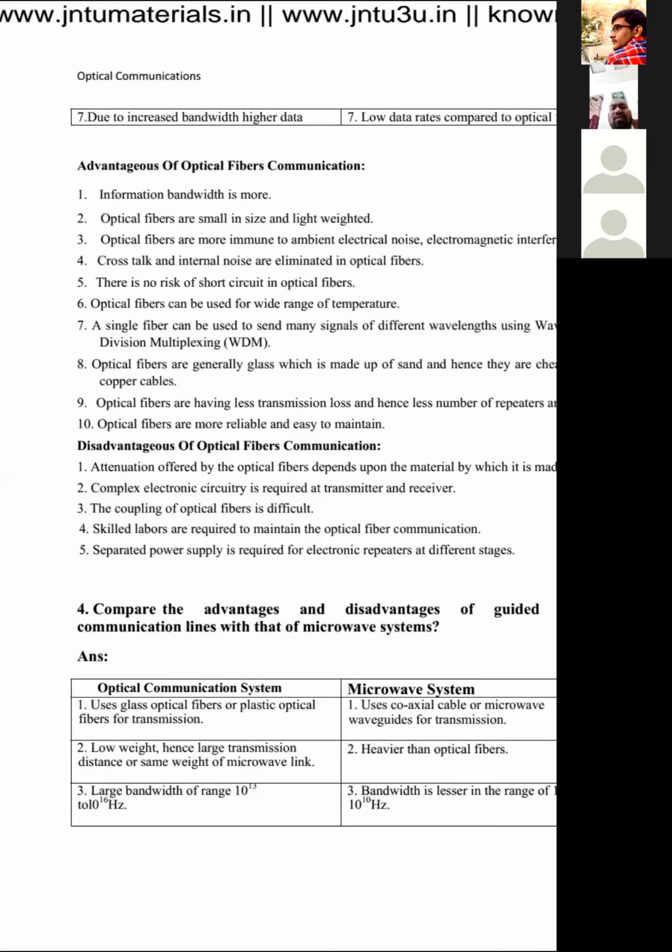Now, talking about properties, optical fibers are less in weight. We already studied it. But microwave systems have more weight because you are using coaxial cable. Now, bandwidth: the bandwidth of optical communication is from 10 terahertz to 10 petahertz.